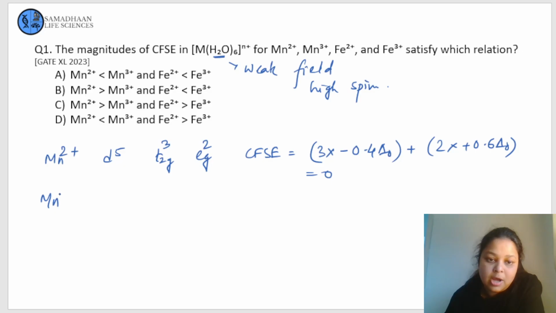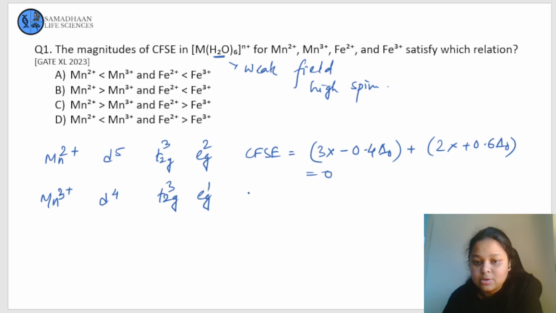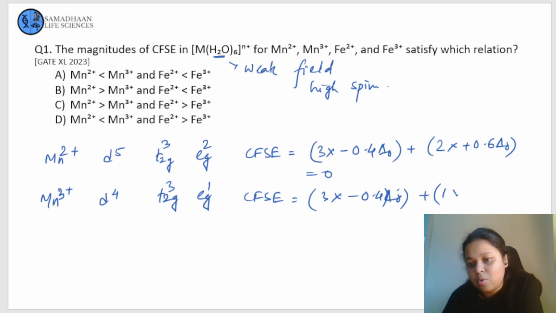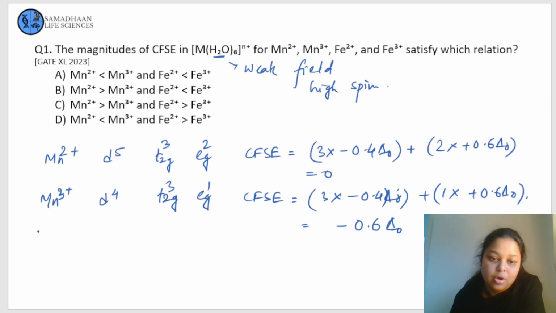Now the next one, manganese 3 plus, which is a d4. So here 3 and here 1. The CFSE will be 3 into minus 0.4 delta O plus 1 into 0.6 delta O. So this will be minus 0.6 delta O.